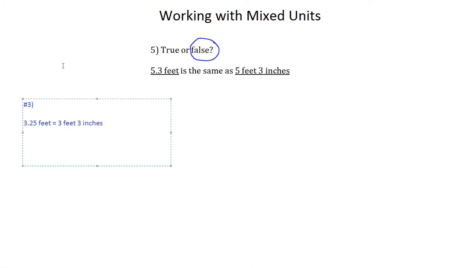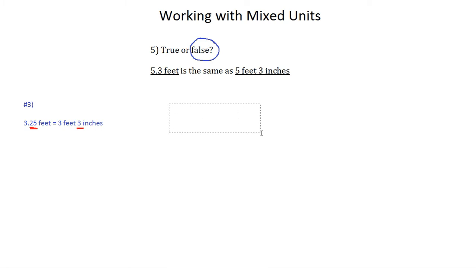Okay, so I look there and I notice, that's not matching up. The 0.25 does not match up with the 3. And some students say, oh, but if you round 3.25 to the nearest tenth, then it rounds to 3.3. And yes, 3.25 to the nearest tenth would be 3.3, but then consider what we had on number 4.